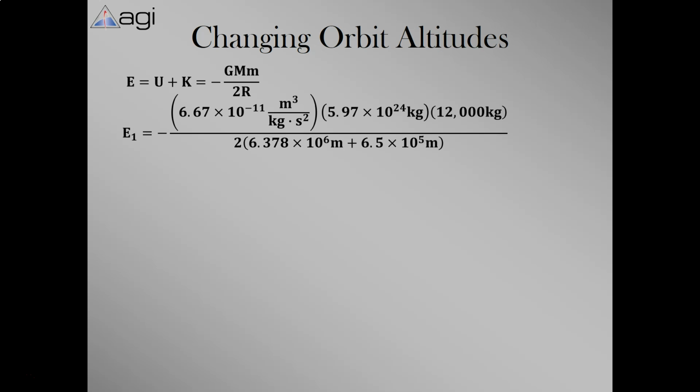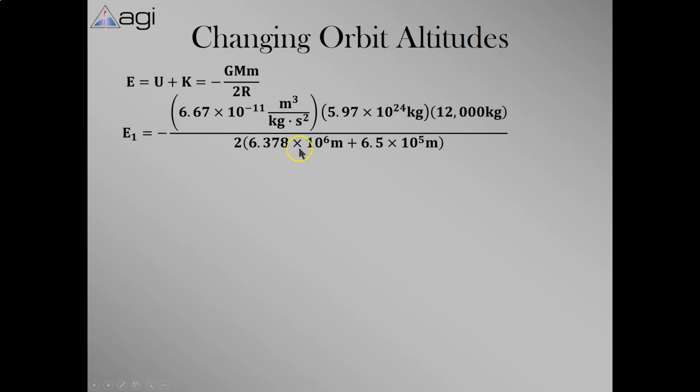I plug in my equation. My first energy, my first amount, is calculating 6.67 times 10 to the negative 11, that's my G. And then I have the mass, 5.97 times 10 to the 24 kilograms of the Earth. And then I have the mass of the satellite. And then I have the 2, that's the constant in this equation. And I know how big the Earth is.